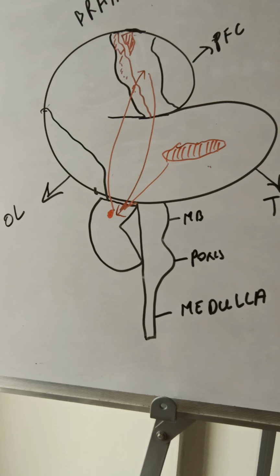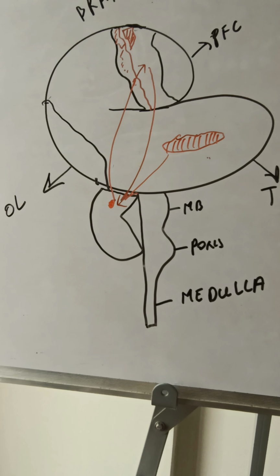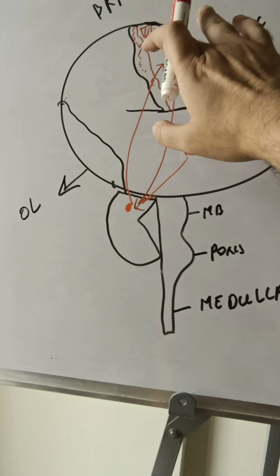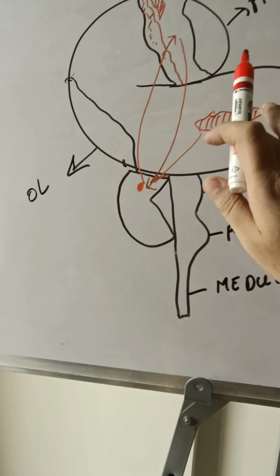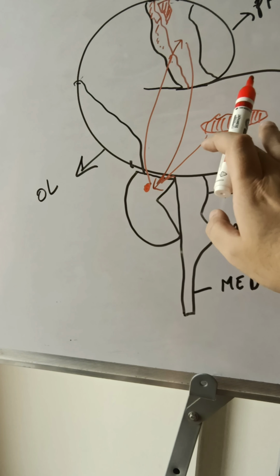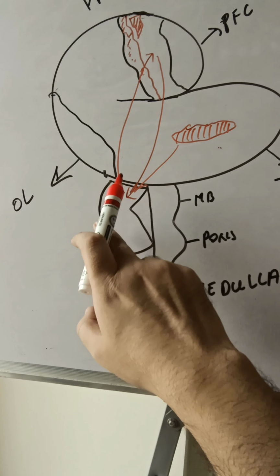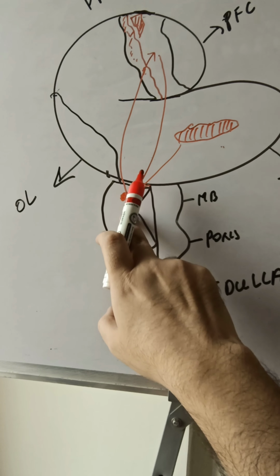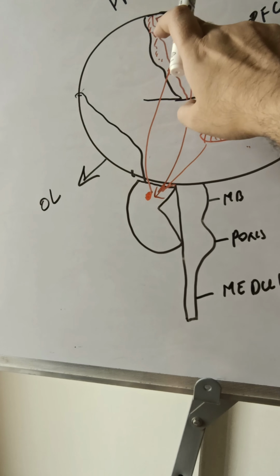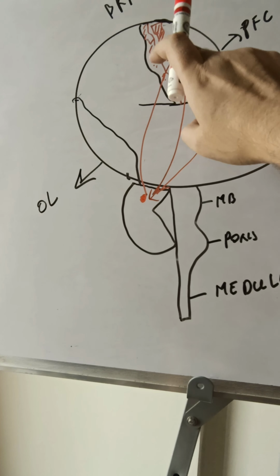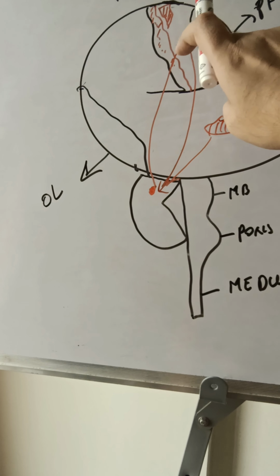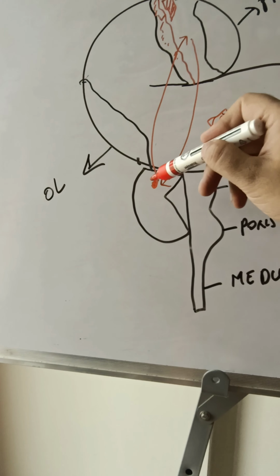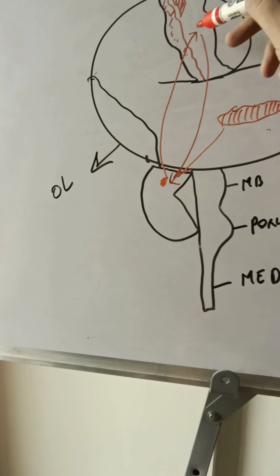Then the cerebellum takes all of that information to the frontal lobe, and there is a modification that happens between the cerebellum and the prefrontal cortex.